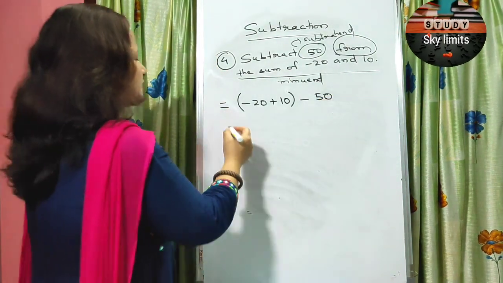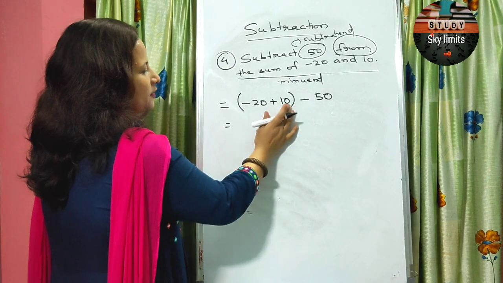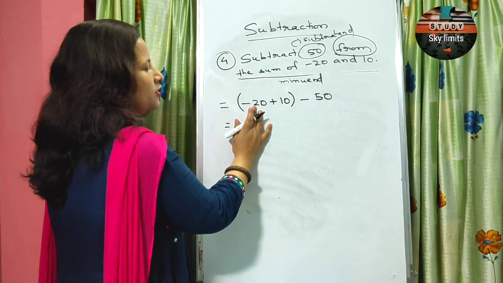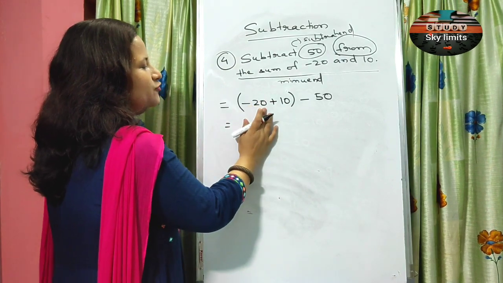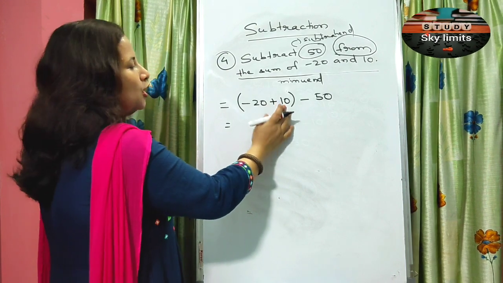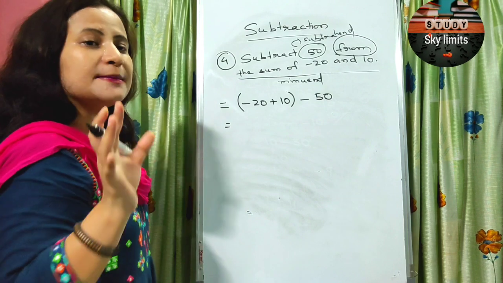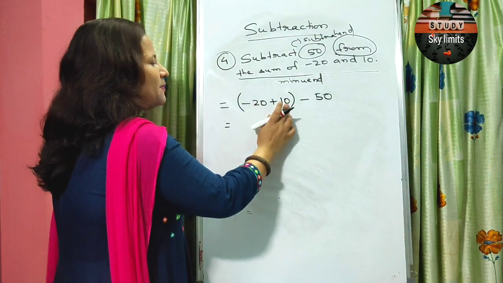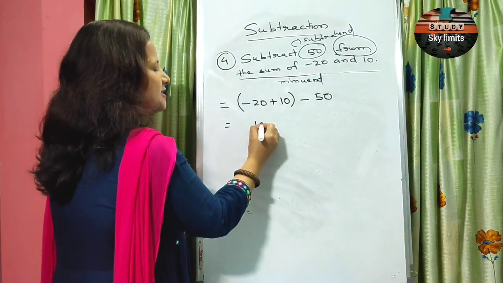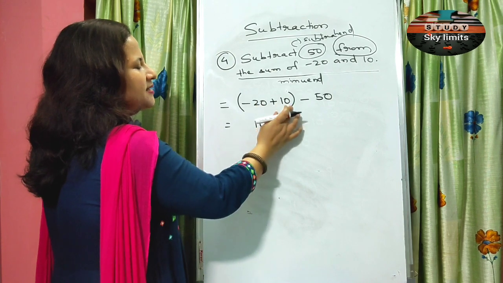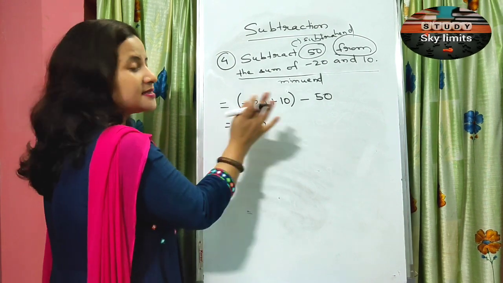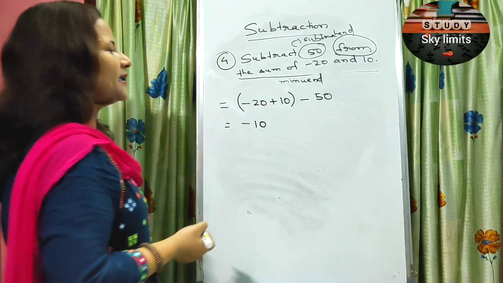Clear? Now, as we know, we will solve the bracket first. So we have what inside the bracket? We have a negative 20 and a positive 10. When one is negative and the other one is positive, you are asked to subtract. So 20 minus 10 will give us 10. And which among the two is greater? 20 is greater, carrying a minus sign. So it becomes minus 10.